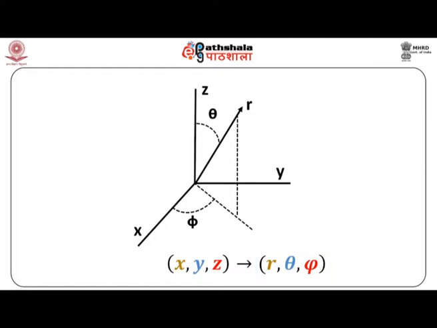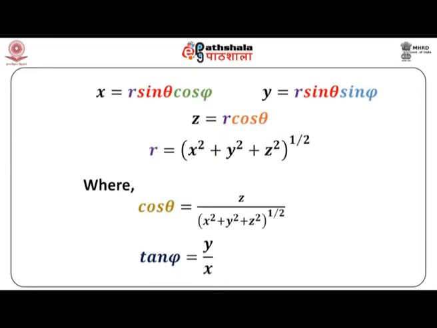In this case, x, y, and z are related to the polar coordinates in the way x is equal to r sine theta cos phi, y is equal to r sine theta sin phi, and z is equal to r cos theta. So these are the three equations which link Cartesian coordinates with the polar coordinates.